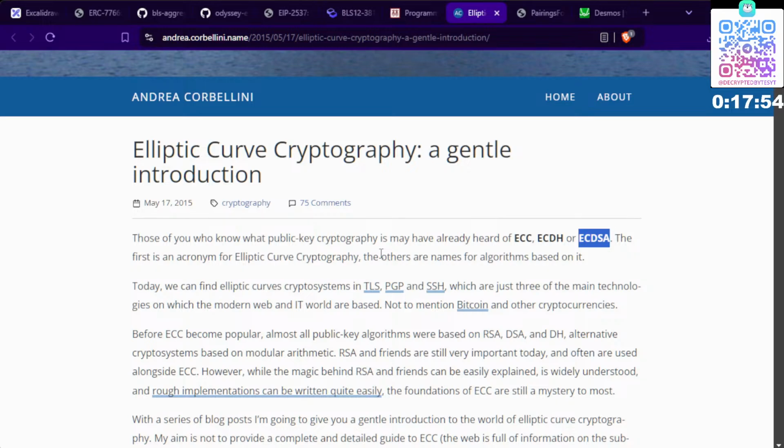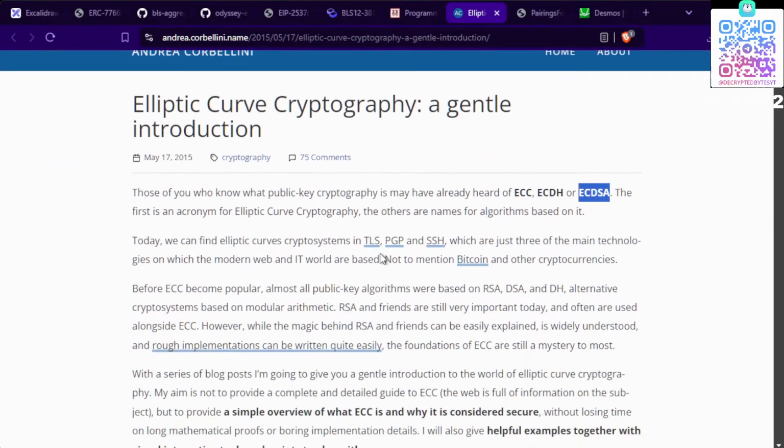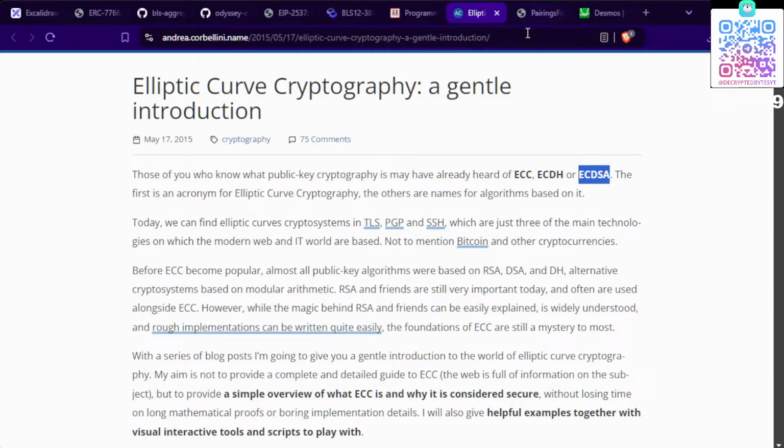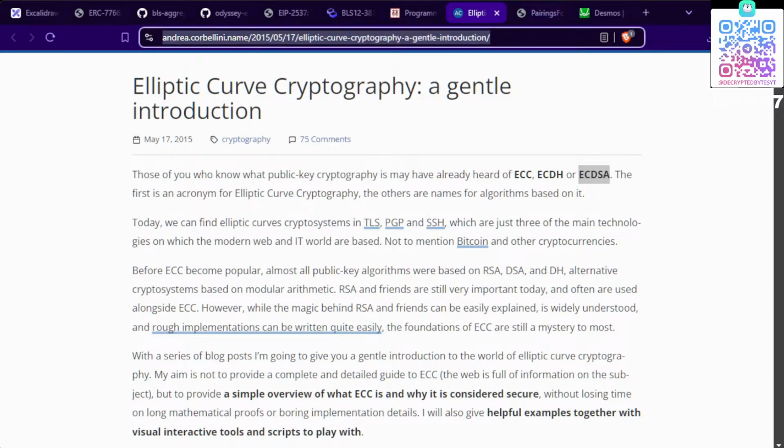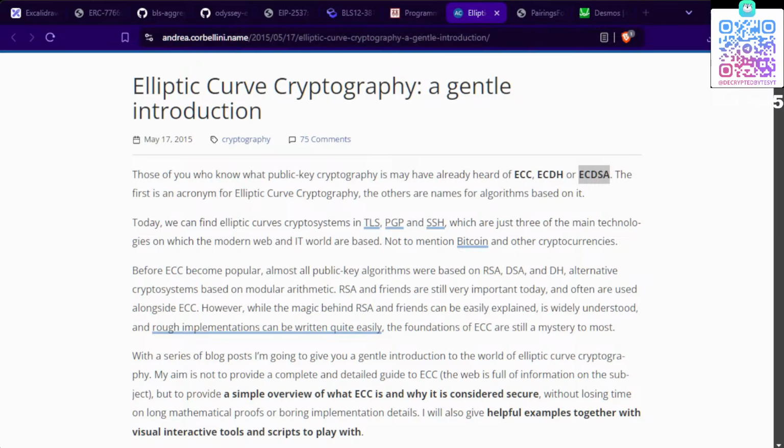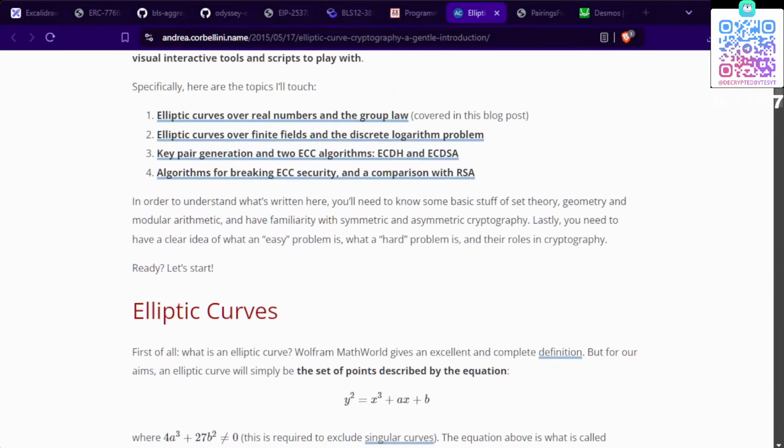And yeah, gonna read this gentle intro to ECC also. Let me put it again in the chat. I have sent this link too, so you guys can read it.